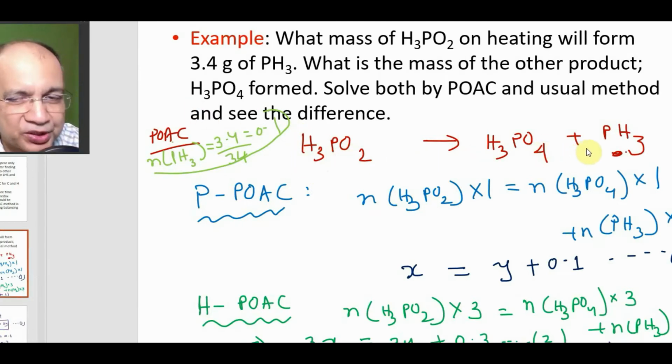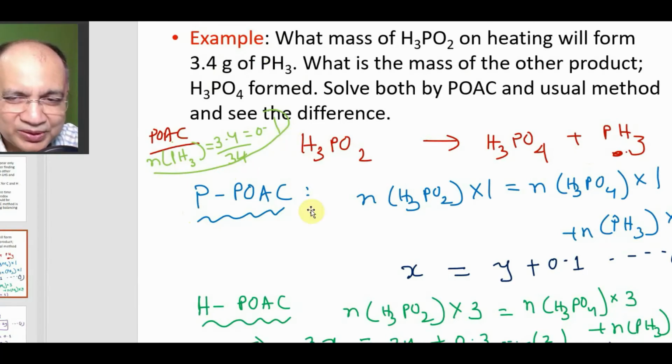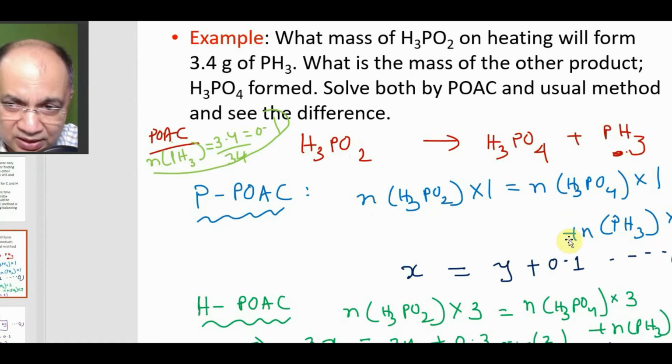this is the unbalanced equation. Let us apply POAC to phosphorus. Now let us first find out the number of moles of phosphine present in 3.4 grams of it. 3.4 by its molecular mass, which is 31 plus 3, 34, is 0.1, right? So then, phosphorus POAC: number of moles of this into 1 is equal to number of moles of this into 1 plus the number of moles of this into 1.